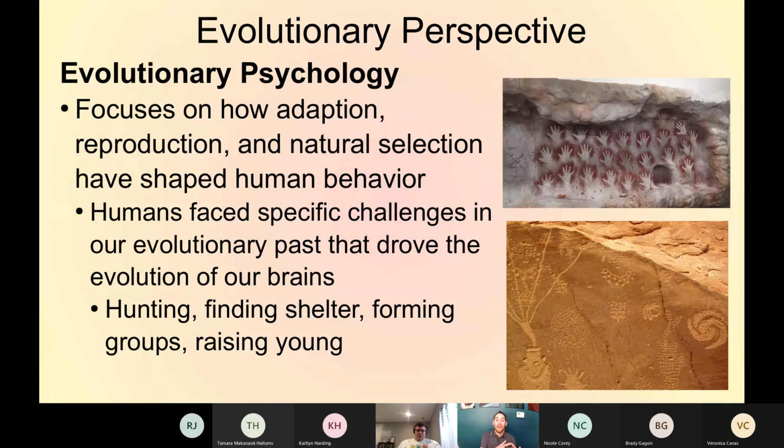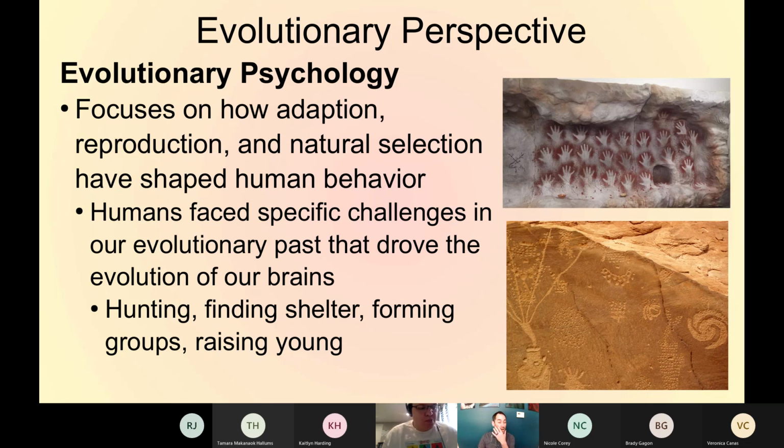So we need to care for our young as humans for a lot longer period of time. They require a lot more attention. And part of that is actually down to brain development. So converging paths of evolution led to things like the ability to grow bigger brains as we got into groups. And so a lot of these features have led humans to do the behaviors we do now.